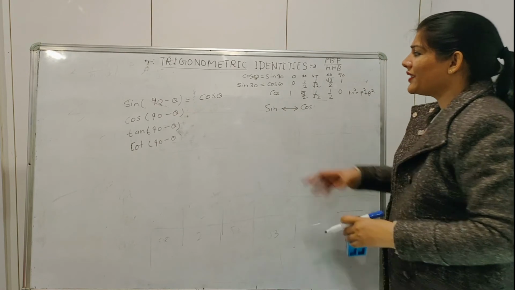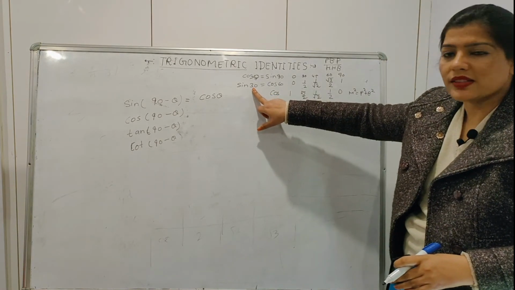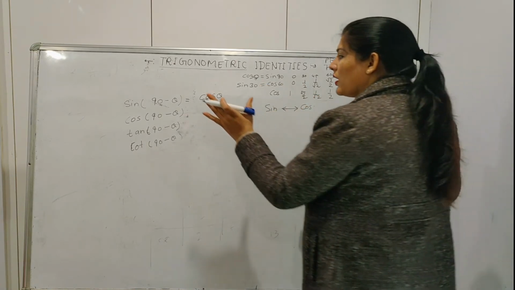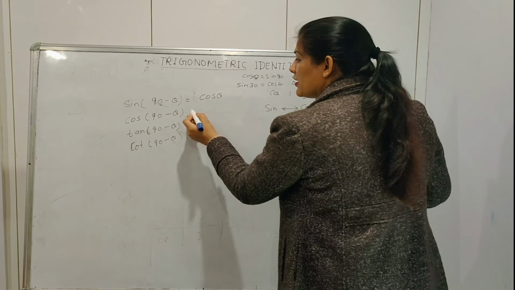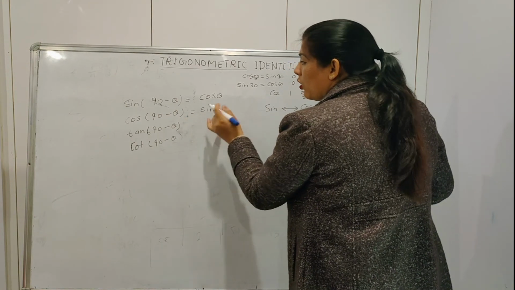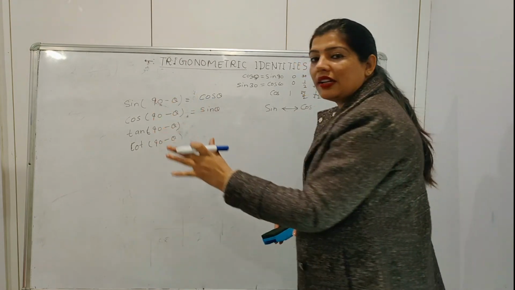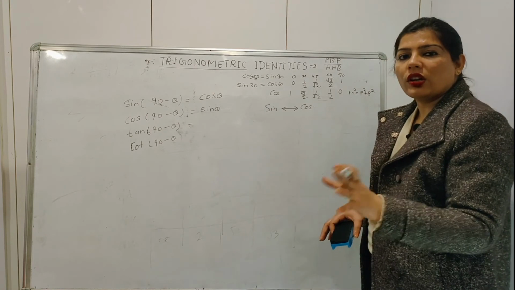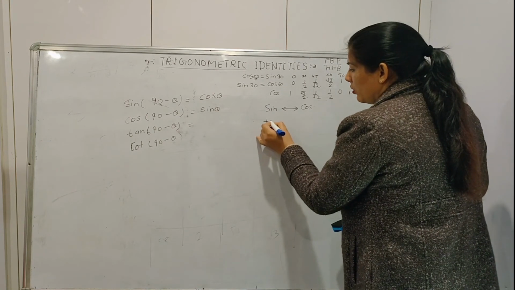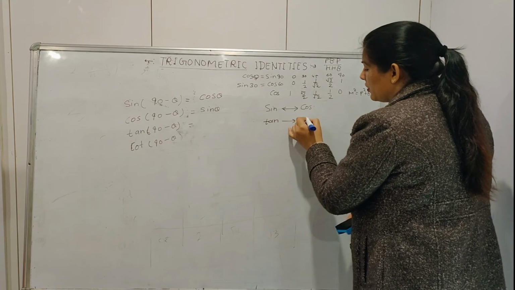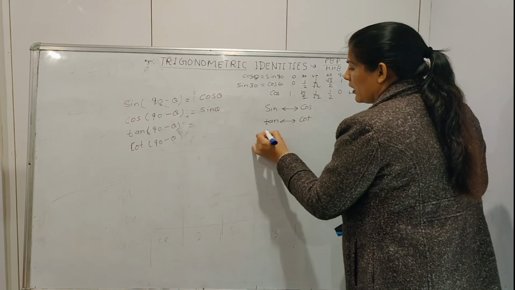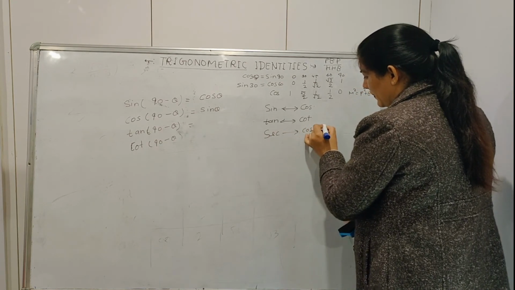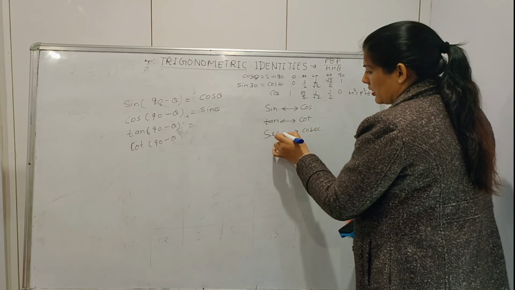And how can you write 30? It can be written as 90 minus 60, or 60 can be written as 90 minus 30. So sine theta can be written as cos 90 minus theta, or cos theta can be written as sine 90 minus theta. The rule is the same for tan, cot and sec, cosec. So tan converts into cot and cot into tan, while sec converts into cosec and cosec into sec.